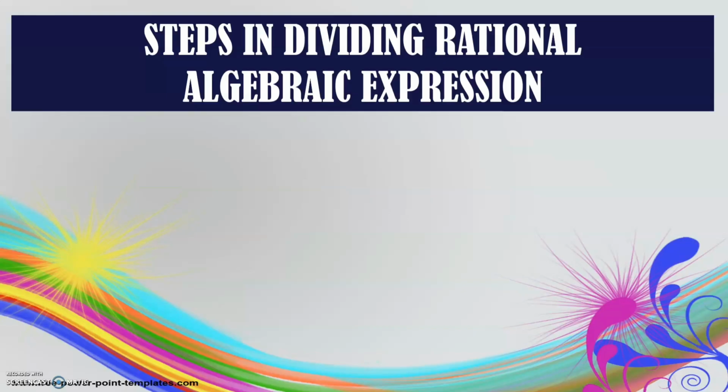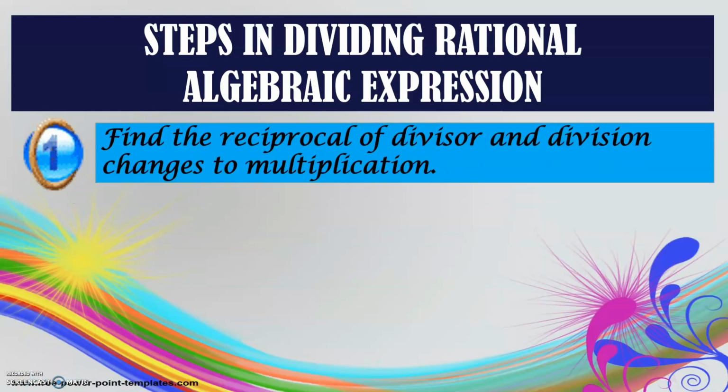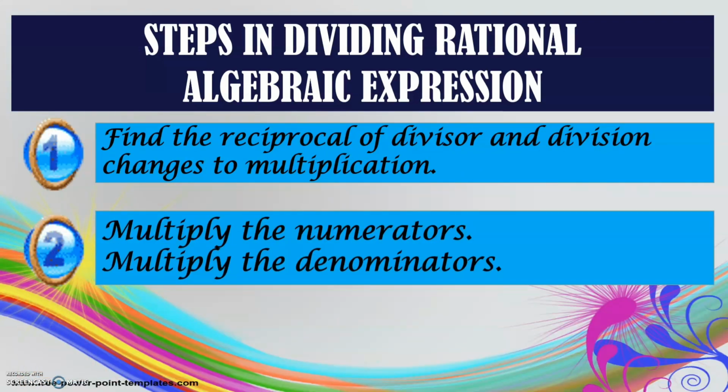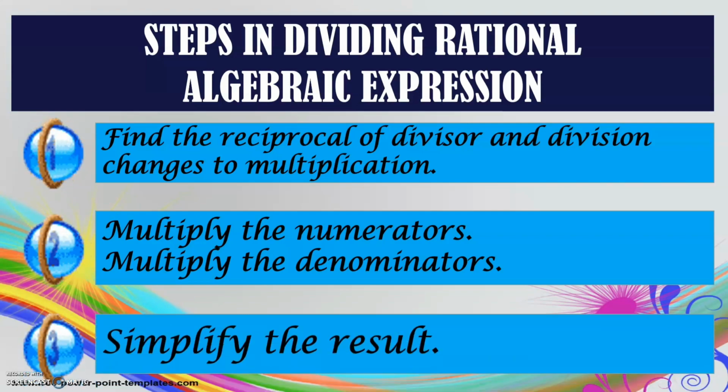Number 1, find the reciprocal of the divisor, and then division changes to multiplication. Number 2, multiply the numerators, multiply the denominators. Number 3, simplify the result.